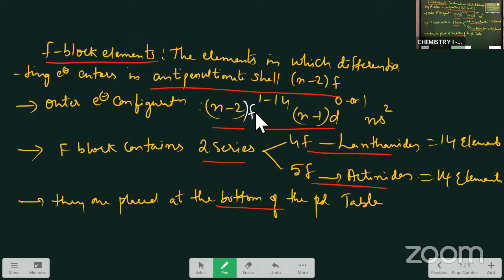This f block contains 2 series, 4f series and 5f series. The 4f series are called lanthanoids, whereas the 5f series are called actinoids. Each series contains 14 elements. They are present at the bottom of the periodic table.